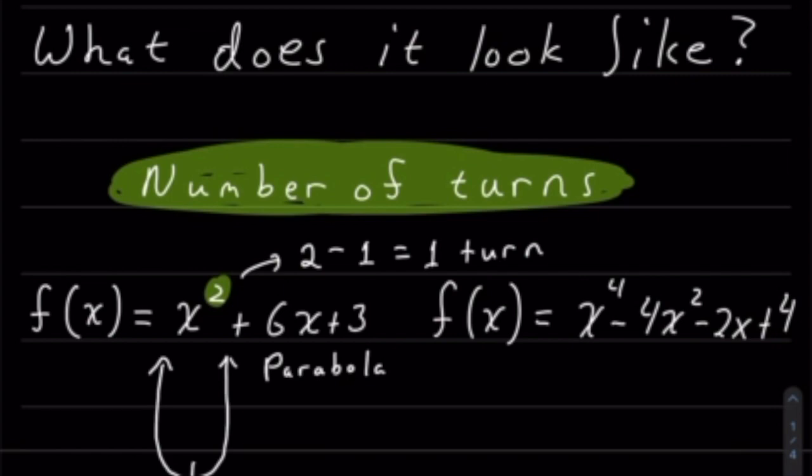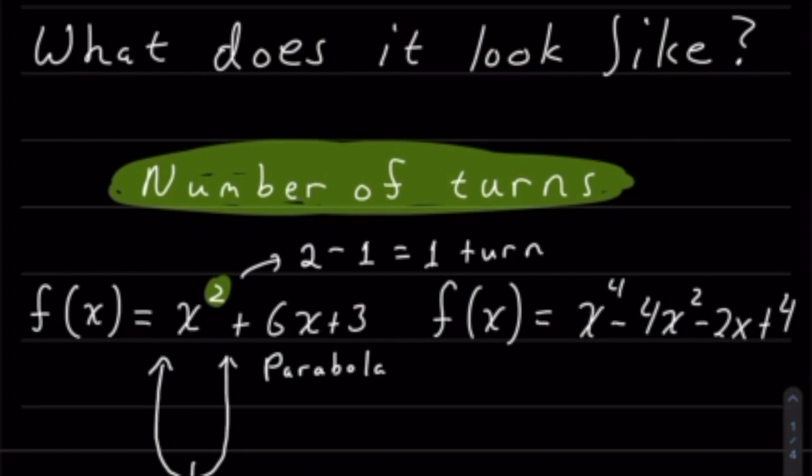So what about this other polynomial over here on the right-hand side? F of x equals x to the fourth minus 4x squared minus 2x plus 4. Well, we know that it's a quartic with 4 terms. But what does it look like? Similar to the x squared, if it's x to the fourth and it's positive, it's going to open up.